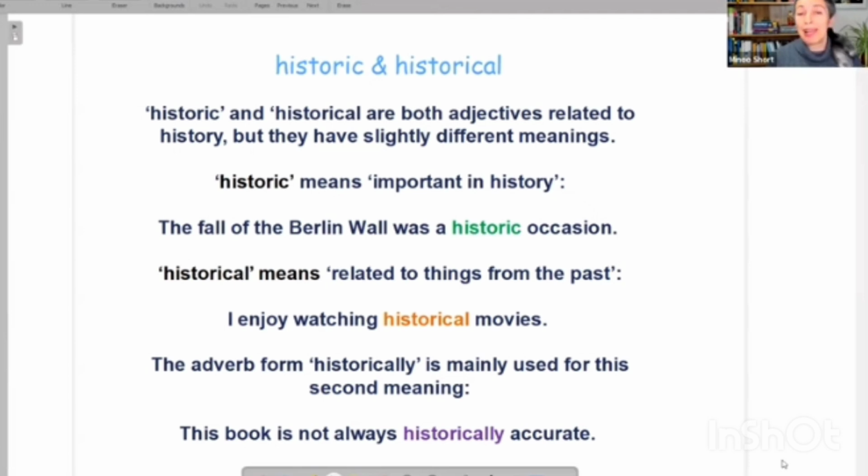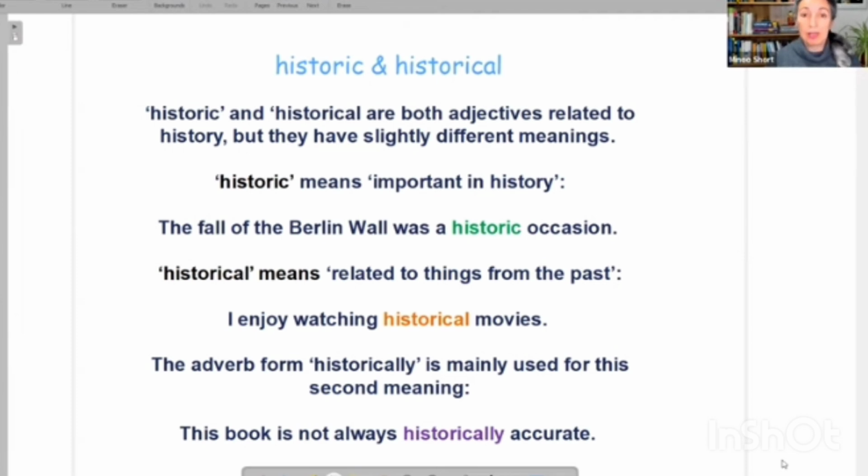Historical just means related to history, related to things from the past. For example, I enjoy watching historical movies. And there is an adverb form, historically, but it's mainly used for the second meaning, related to things in the past. For example, this book is not always historically accurate.